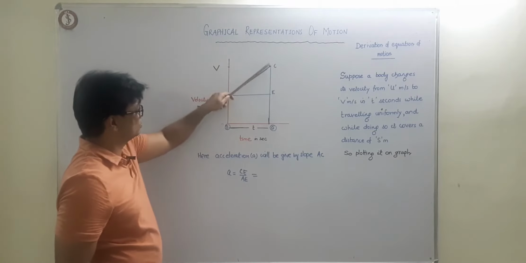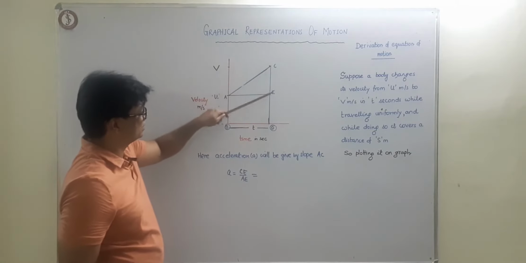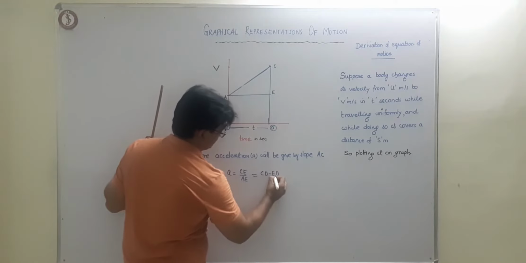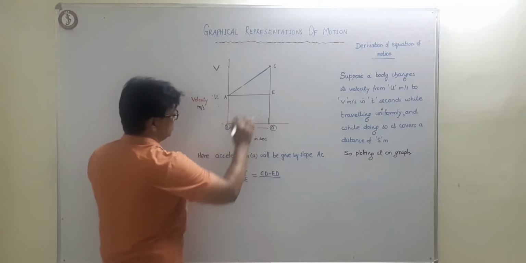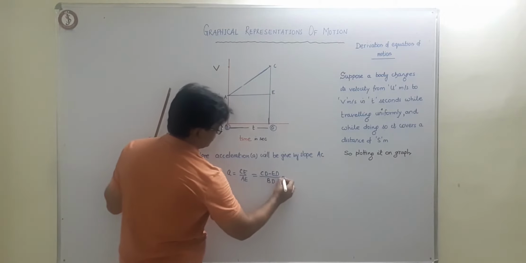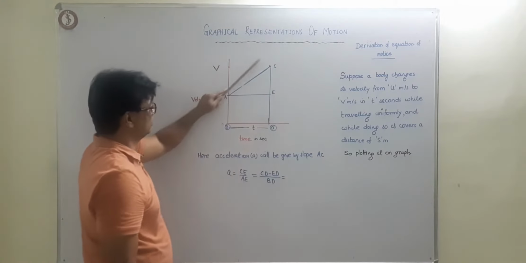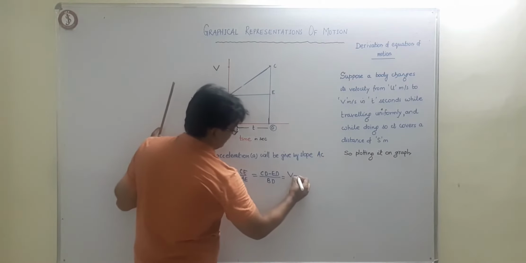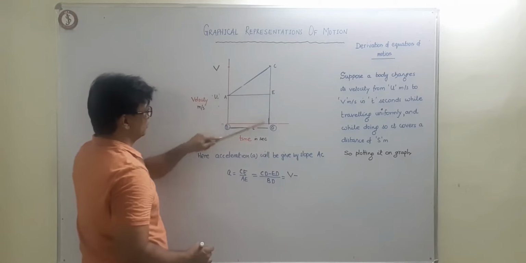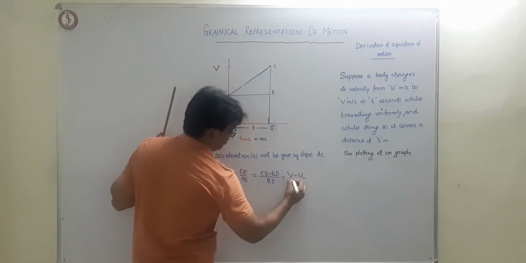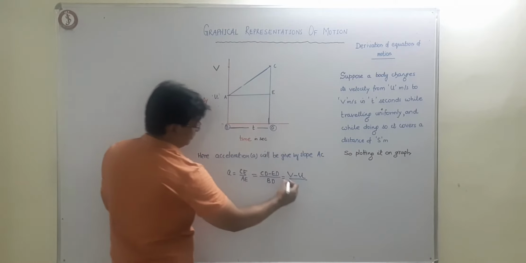And CE is how much? CE is total CD minus ED, and AE is how much? AE is equal to BD. Now let us check: CD will be v, ED will be u, and BD will be t.